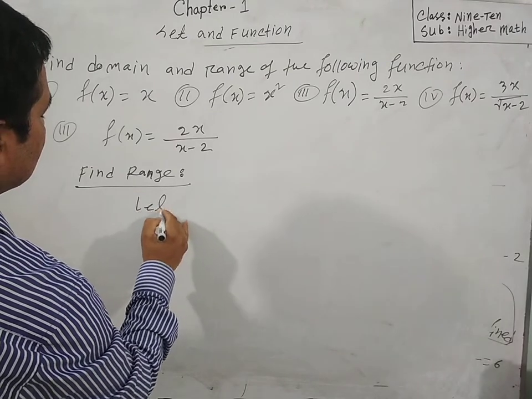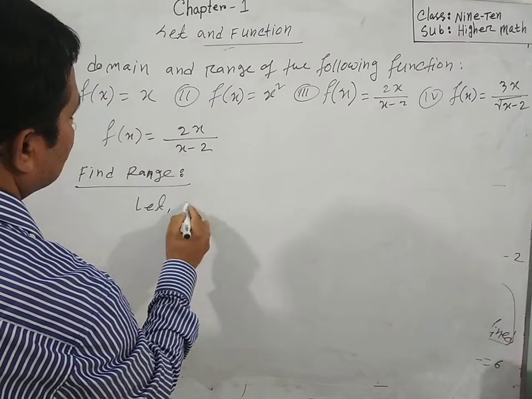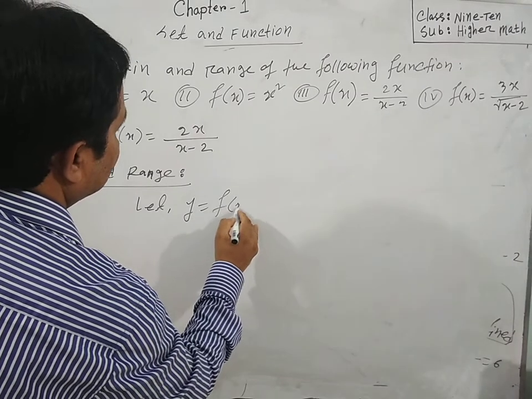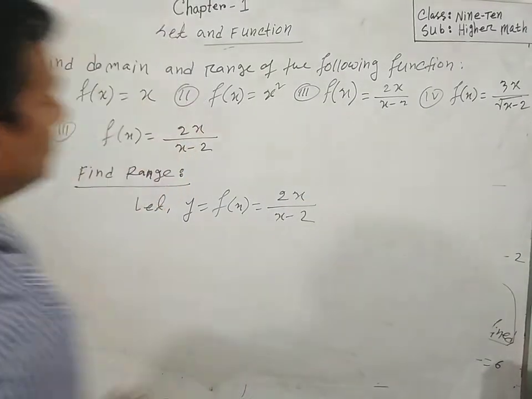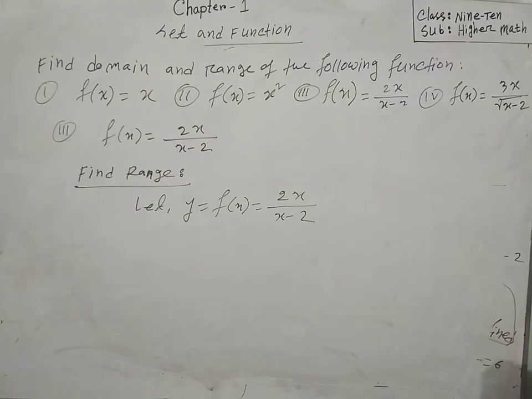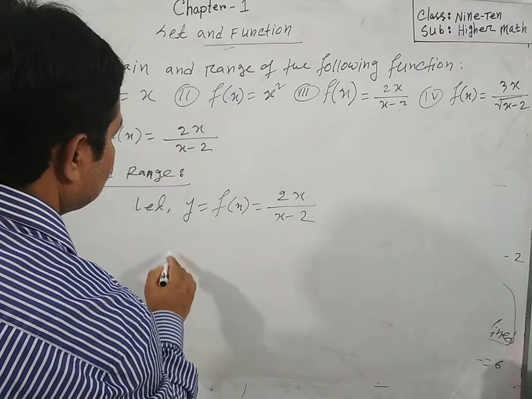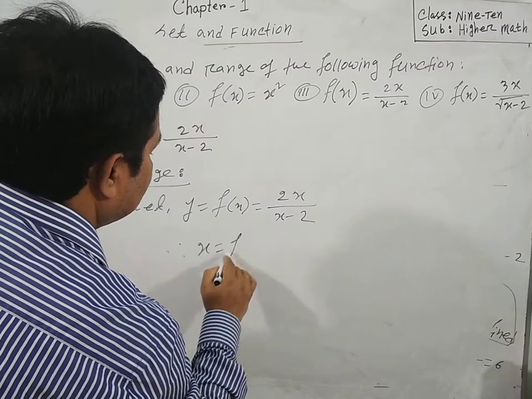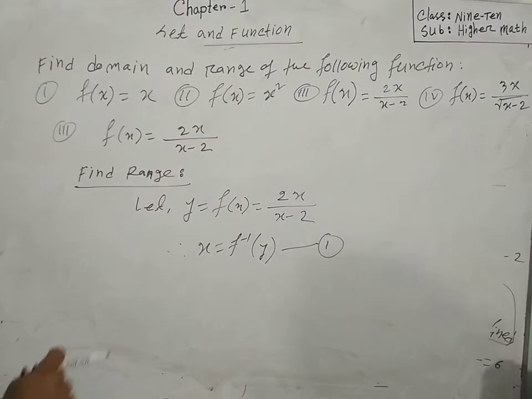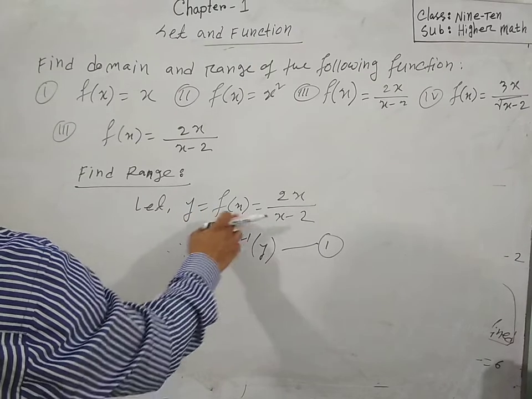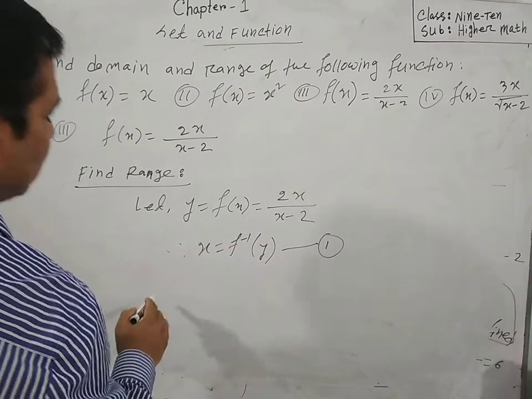Let y equal f of x, which is 2x over x minus 2. So you can write x equals f inverse of y. This is equation 1.